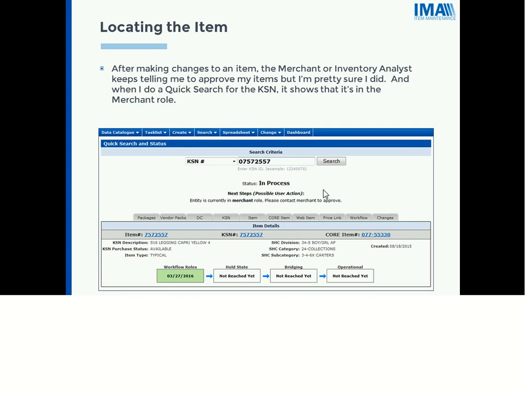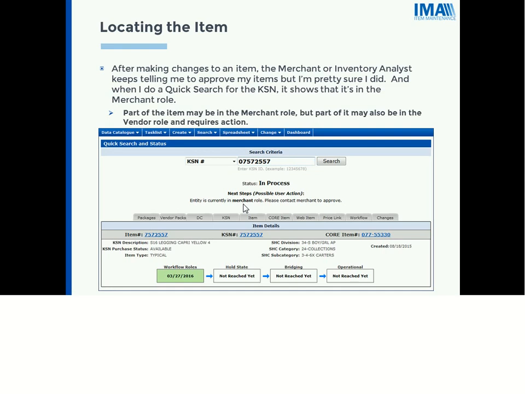Awesome. Okay, so you made changes to an item, and then your merchant or inventory analyst keeps telling you to approve your items, but you're pretty sure that you already did. And when you do a quick search for the KSN, it's showing that it's in the merchant role. So here under Next Steps, you can see that it says it's in the merchant role.